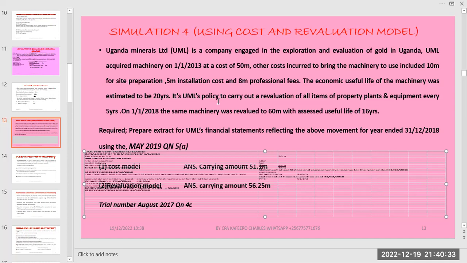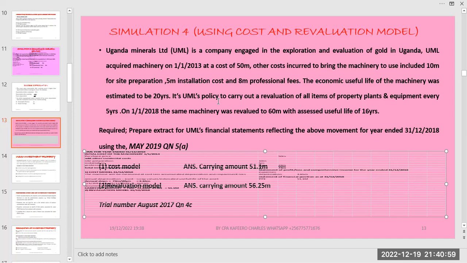So when we know those two values, then we can know that the asset has been affected by either a gain or a loss on revaluation. That's basically what we look at.